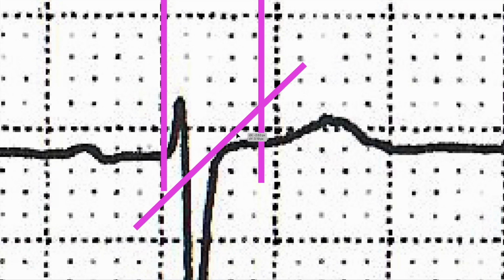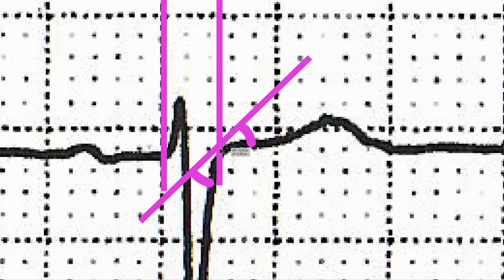Once you get good at this, you don't have to do this. But you're going to move your ruler around to see where you get this point where the angle above and the angle below seem to be about the same. And then what you do is you take your line and you move it over here, and that's the end of your QRS.